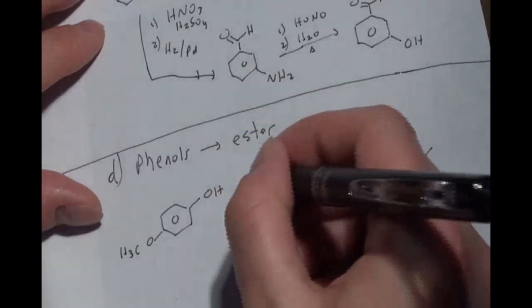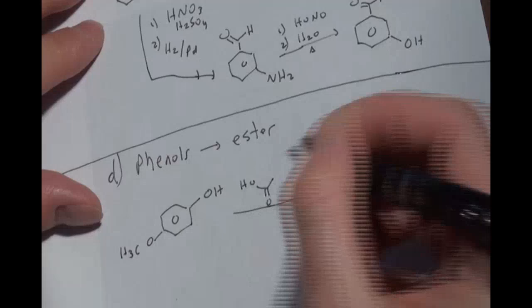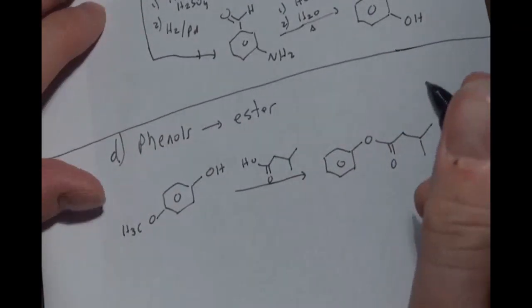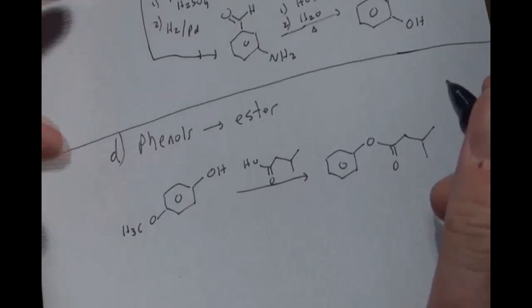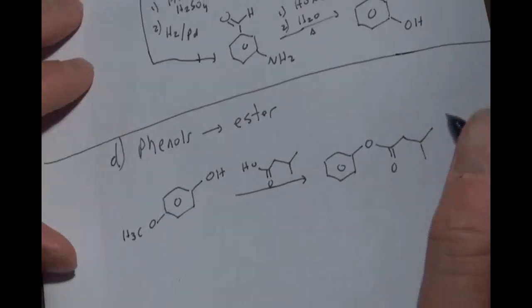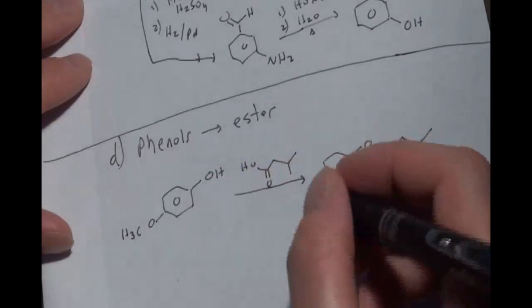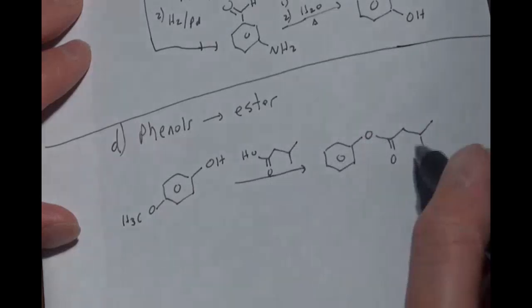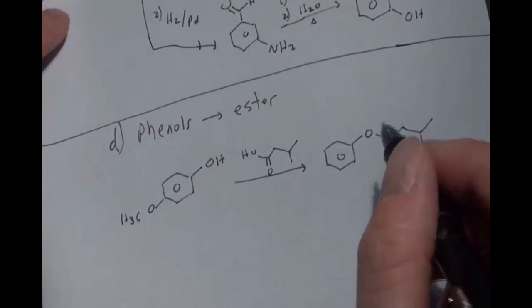Well, maybe we could use the carboxylic acid. Right, and what would be the reagent if we're doing that? Phenol plus carboxylic acid. That looks like it's another name reaction. What is it?